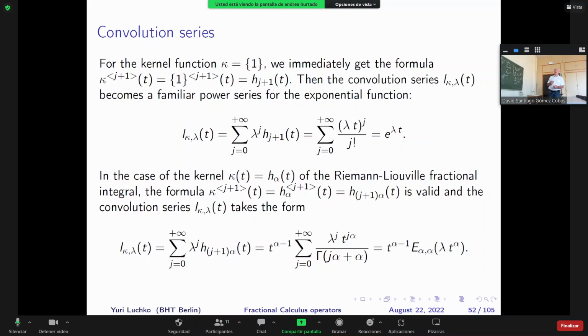It's again a power law function, and this convolution series takes the form well known in the theory of fractional differential equations. This so-called Mittag-Leffler function with two indexes, alpha and alpha, and with the power law function.